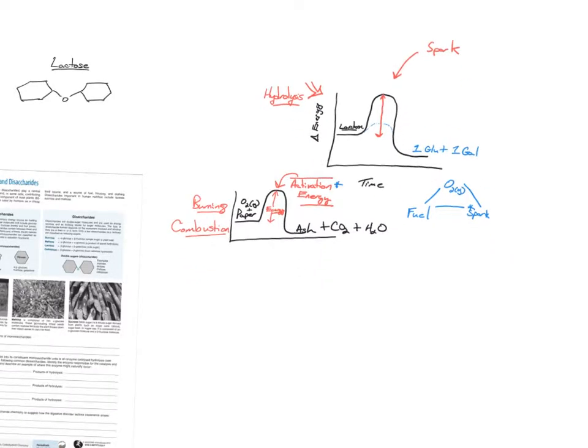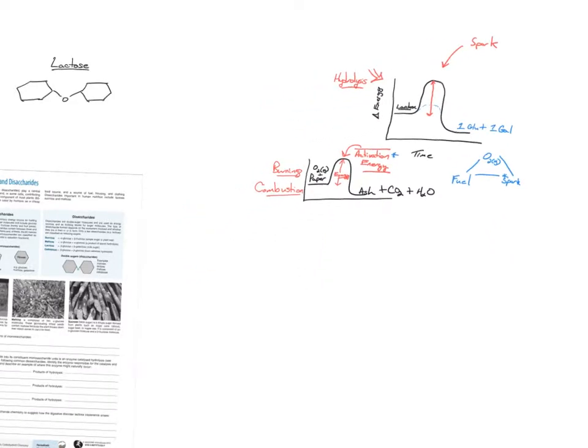So we can use catalysts. What catalysts do, and the word is catalyst: catalysts lower the activation energy. They make a reaction go faster. Reactions go faster with a catalyst.